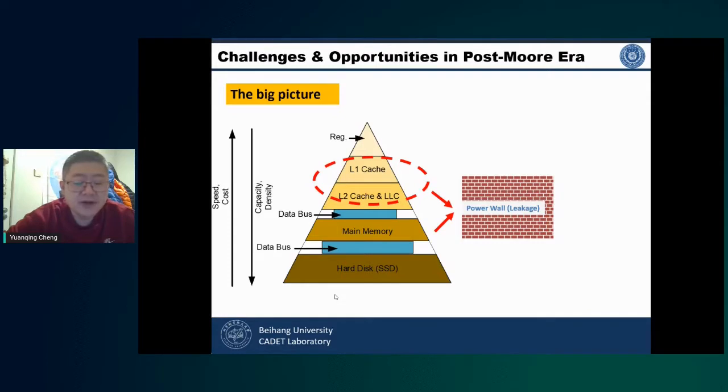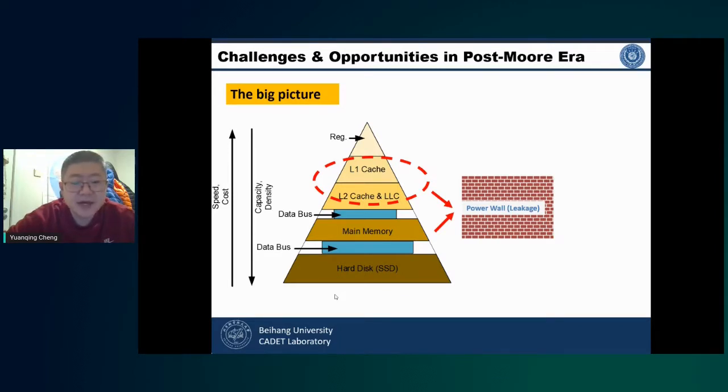Off chip, we have a large capacity main memory. After that, the lowest level is the hard disk or SSD. As we see in this picture, the on-chip cache capacity increases to meet the ever increasing big data processing ability required for modern applications.